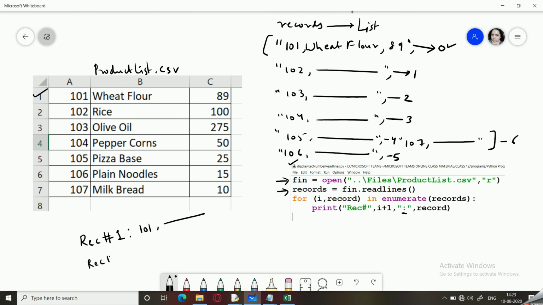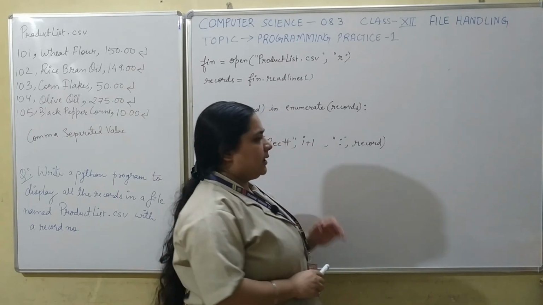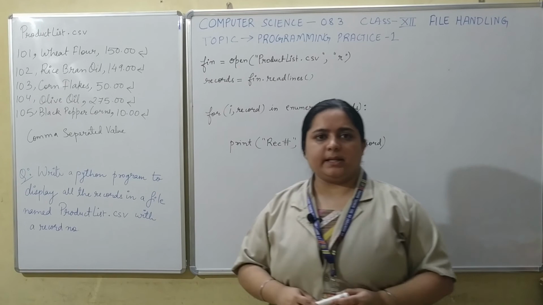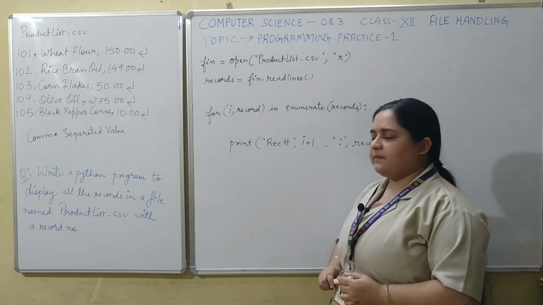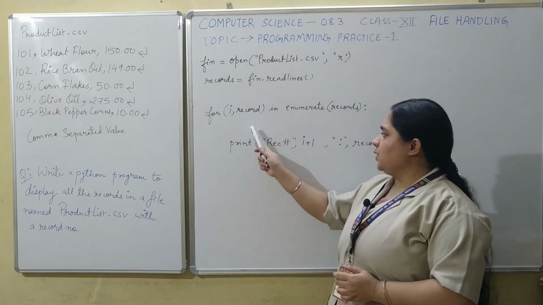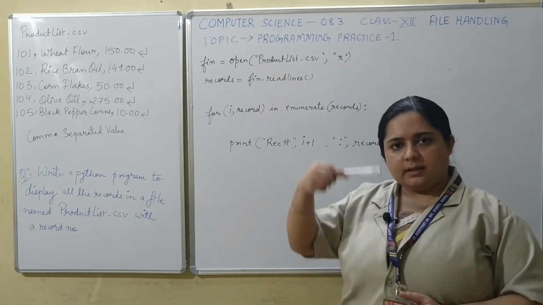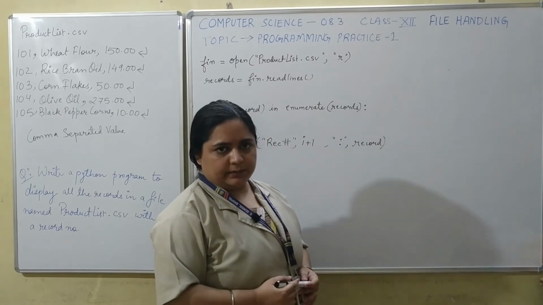Same way, record number 2, record number 3, 4 and so on. So all these records would be displayed on our screen. So this was how we can work with file handling, reading and writing operations simultaneously, working on a comma separated value file, and also using record numbers to represent the lines within the file.